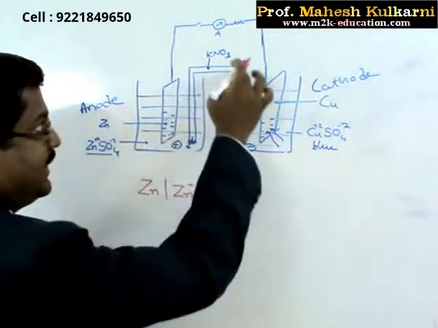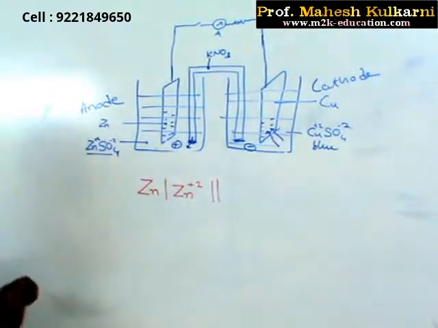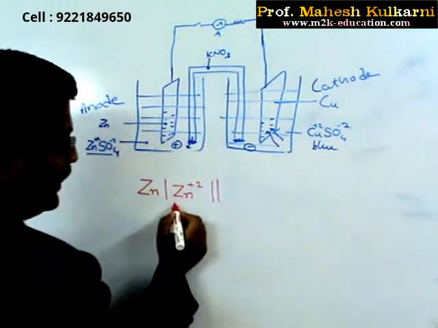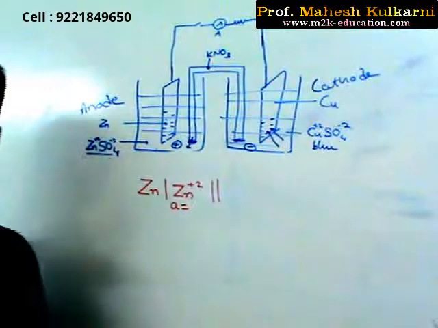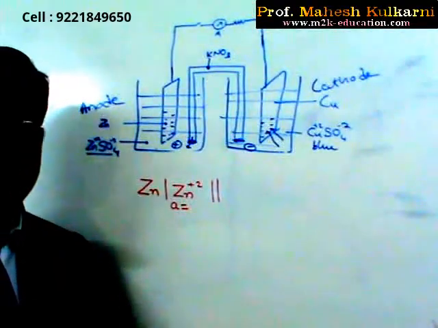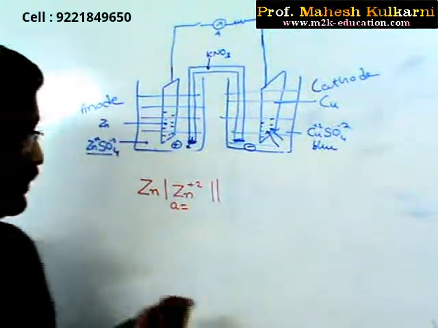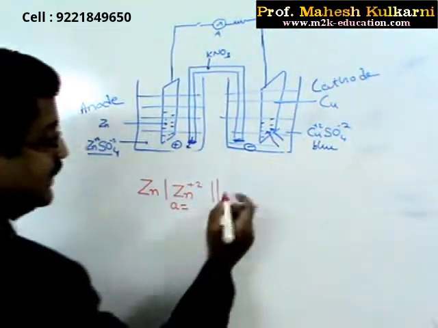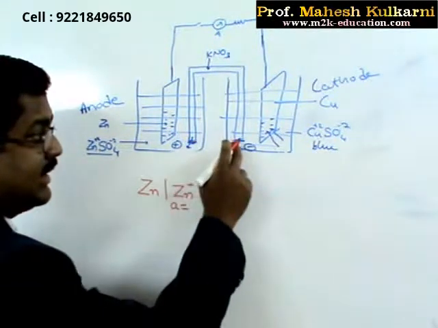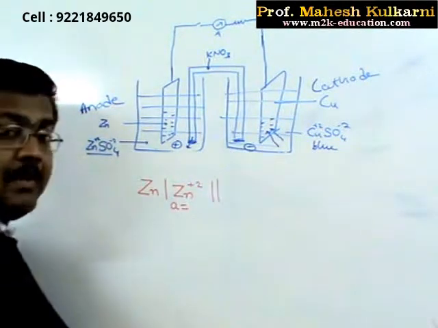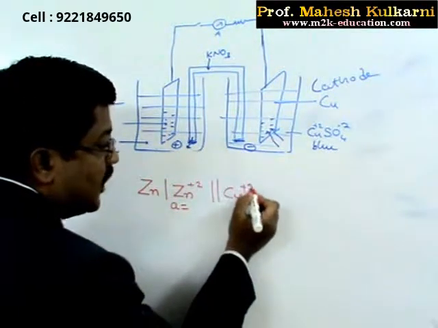Now this is connected with the salt bridge, so I draw a double line. This double line means I am using a salt bridge here. Now I have to give the concentration, that is in terms of A, meaning activity. Concentration is given in terms of molar. Don't write percentage or anything; we have to consider molar concentration. Then these zinc ions are in contact with copper sulfate, so I write copper Cu+2.